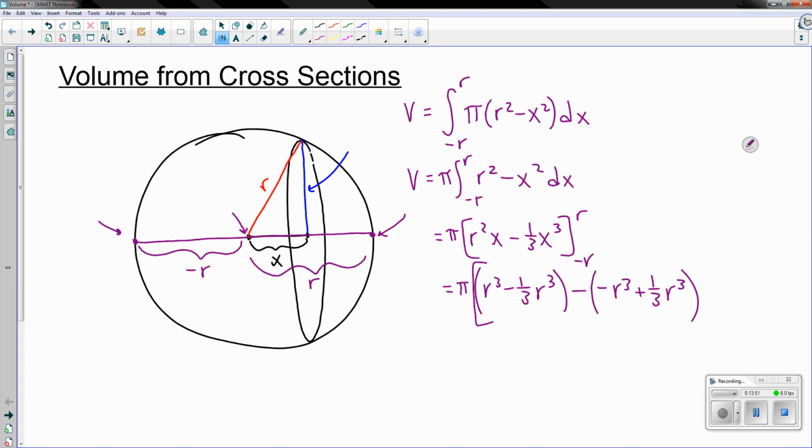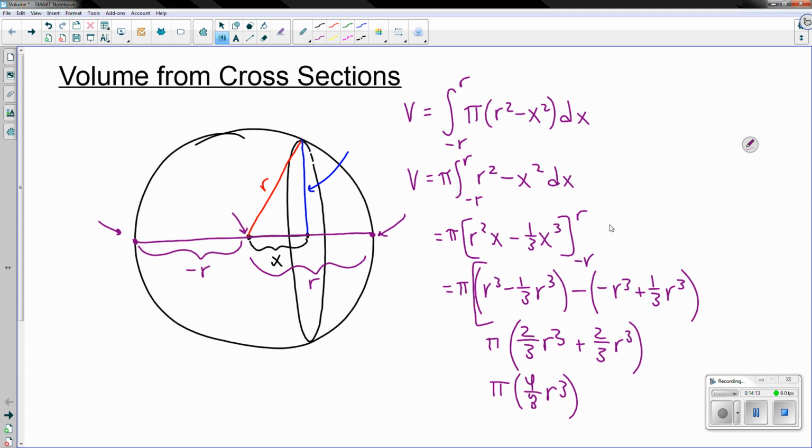So r cubed minus 1/3 r cubed is 2/3 r cubed. And then negative r cubed plus 1/3 r cubed is negative 2/3 r cubed, but then minus that becomes positive 2/3 r cubed, for a total of 4/3 r cubed.